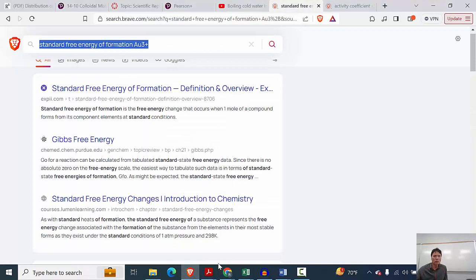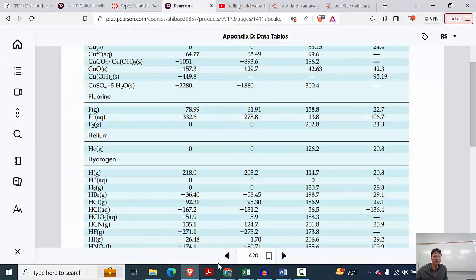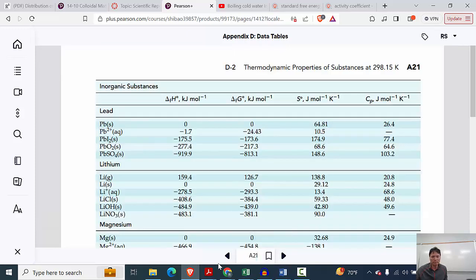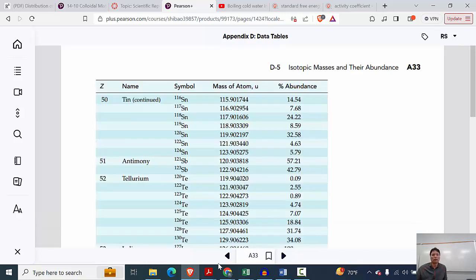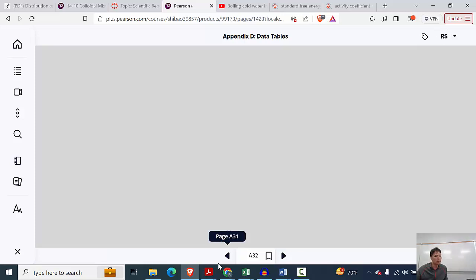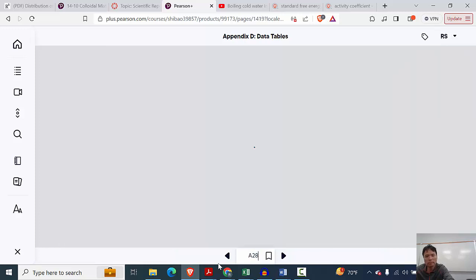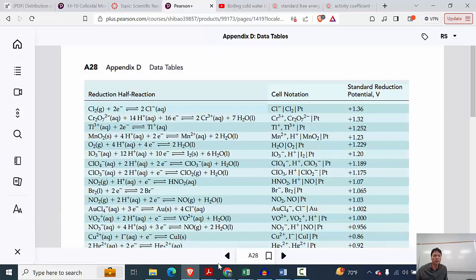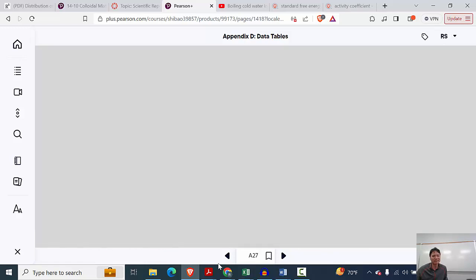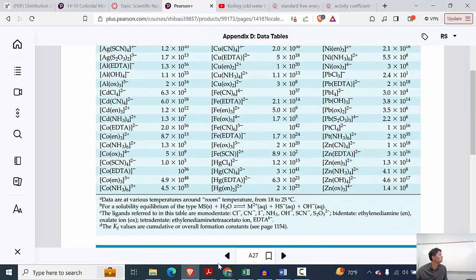But it turns out there are more ways to determine this, and one of the ways of determining this is going to be seen in chapter 19. When we get to chapter 19, we're going to have these numbers here.